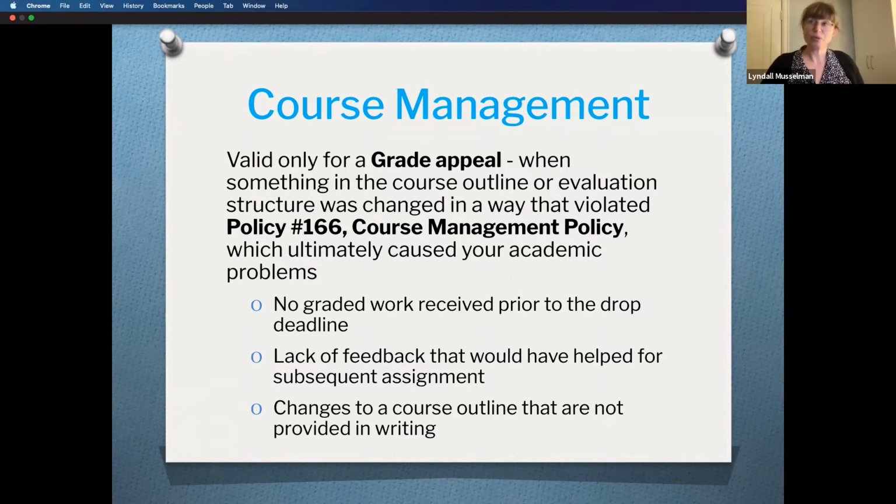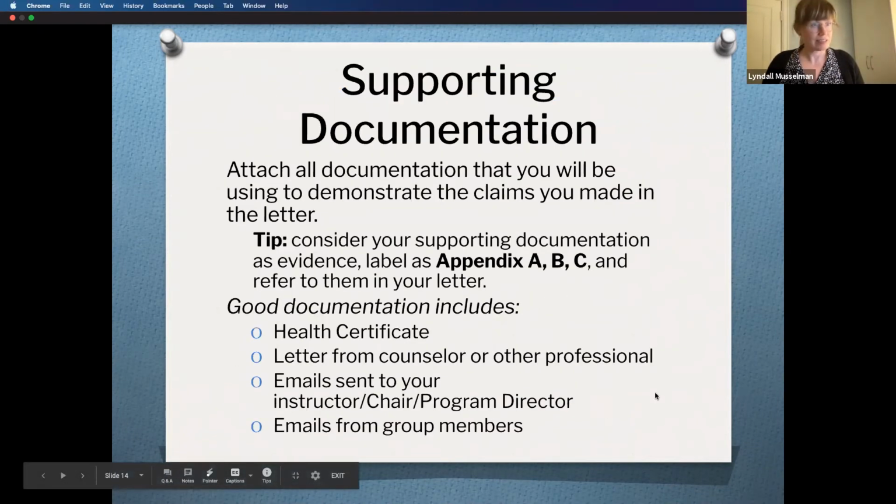And also, if you had appealed on prejudice and they did the investigation through human rights, and, for example, they found that there actually was no discrimination based on a human rights ground, you could continue your appeal on course management grounds, in the sense that there may have been a personal bias that's not technically a human rights type of bias or discrimination. Anyway, I think we can move on to the next slide.